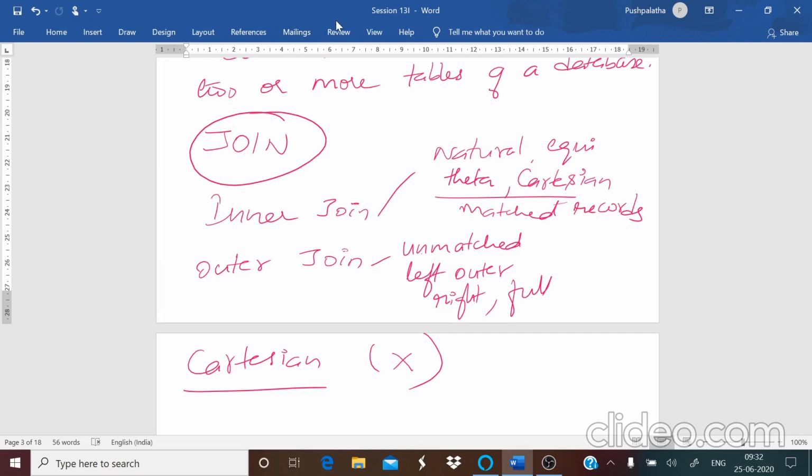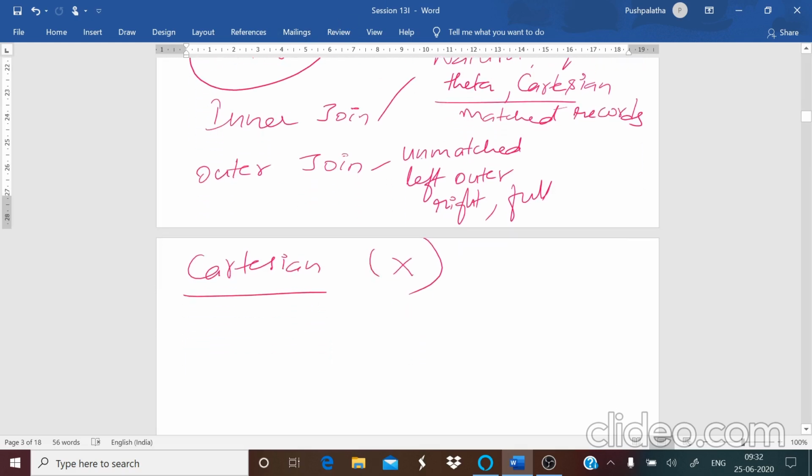There are different operations in this. I think let us go through this when we come to the theory class, but I'll just explain in brief what you mean by that. We have talked about the natural joins, equi-joins, theta join, Cartesian join. That is what you are going to learn in this.